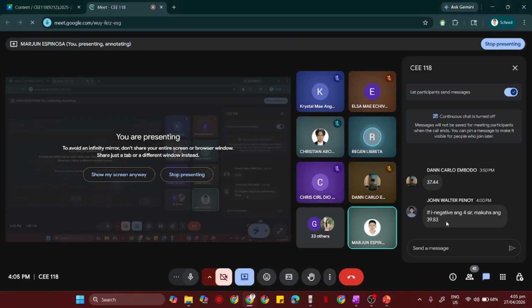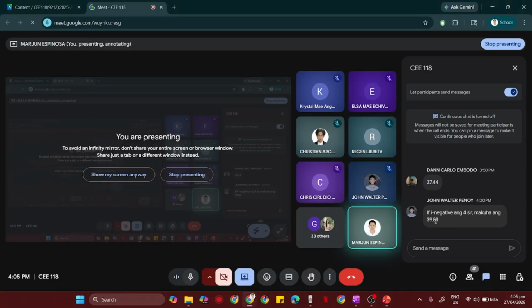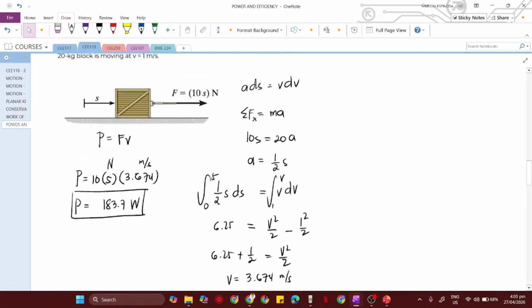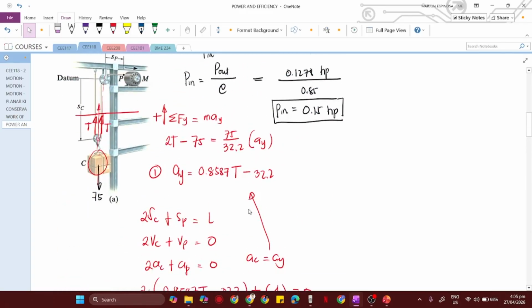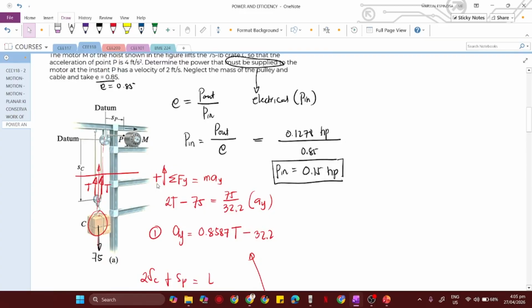None so far. If sir, in negative ang 4, sir, makuha ang 39.83. If in negative ang 4. Okay. Tama, no? Wait ha. If in negative yung 4. Kasi tama, no? Tama. Kasi yung direction nila is opposite.